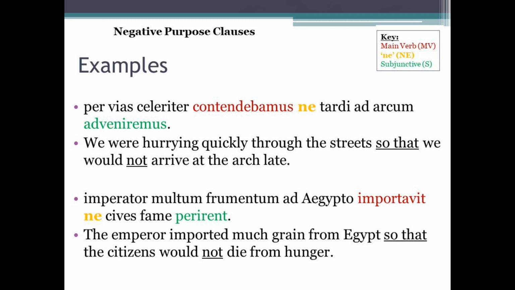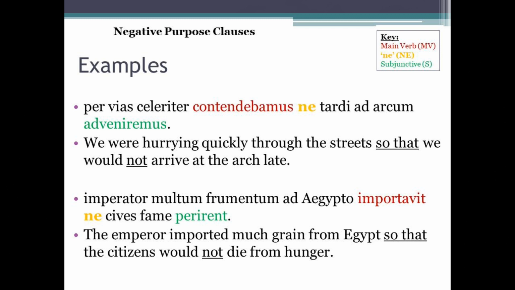We were hurrying quickly through the streets, so that we would not arrive at the arch late. Imperator multum frumentum ab Aegypto importavit ne cives fame perirent. The emperor imported much grain from Egypt, so that the citizens would not die from hunger.